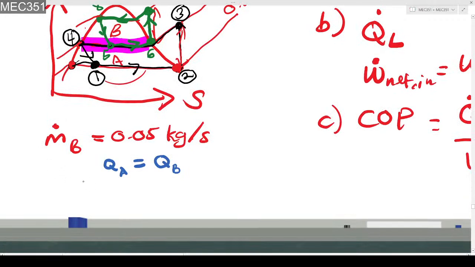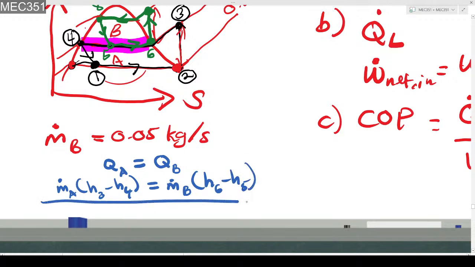So you write down the equation: m dot A, QA happens between state 3 and state 4, so enthalpy 3 minus enthalpy 4. And for QB, m dot B is between state 6 and state 5, so H6 minus H5.